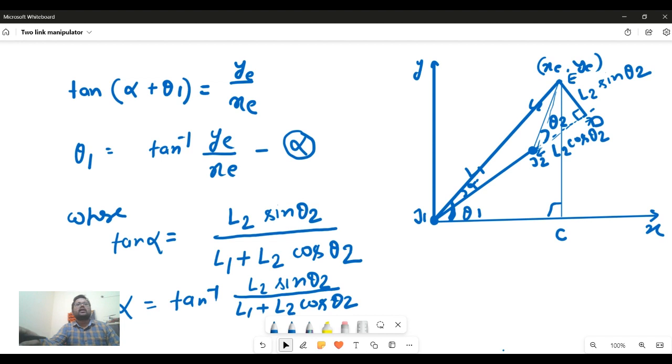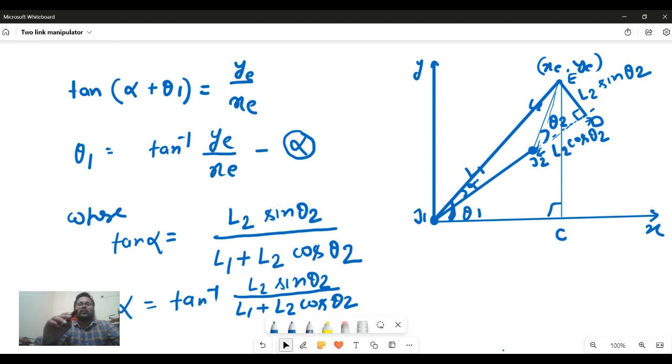Later we can use these relations to program the two-link manipulator for drawing particular curves in two-dimensional space. I will use the Arduino IDE, but before programming in the Arduino IDE, I will simulate this two-link manipulator in the MATLAB environment in the next section.